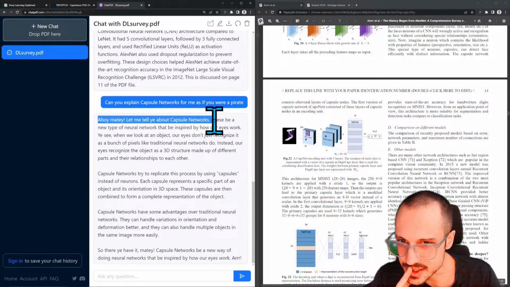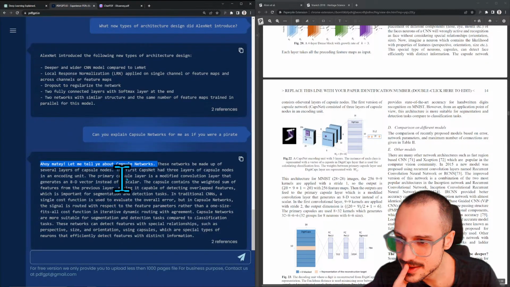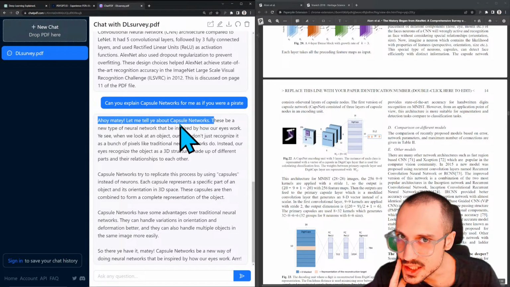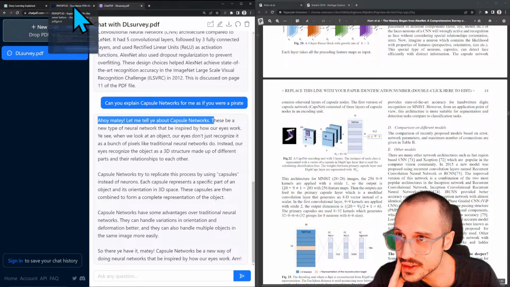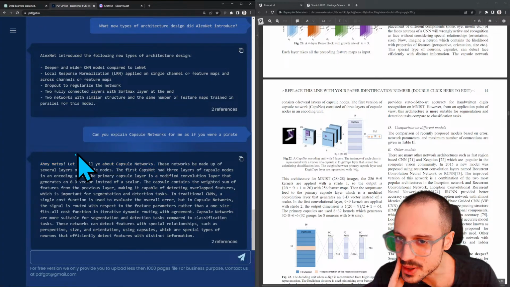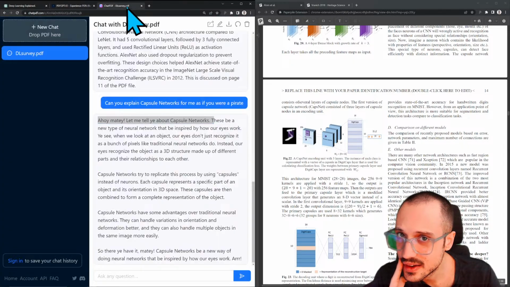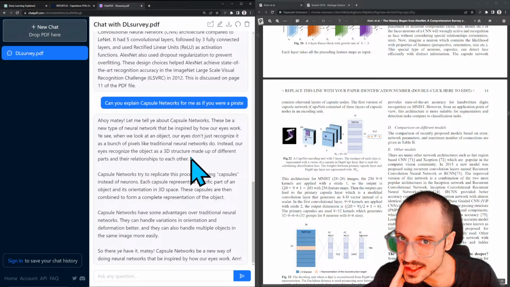Look at this. This actually did the same exact thing. ChatPDF and PDF-GPT, both of them have the same intro here. Ahoy matey, let me tell ye.